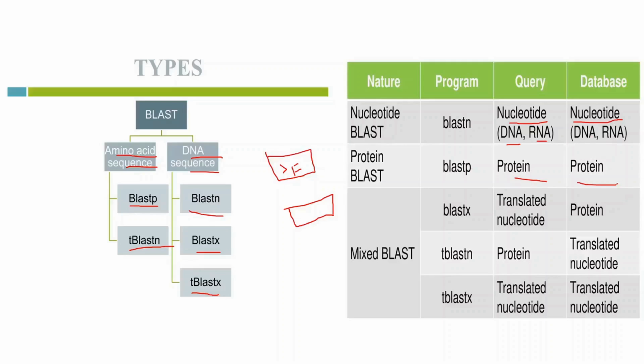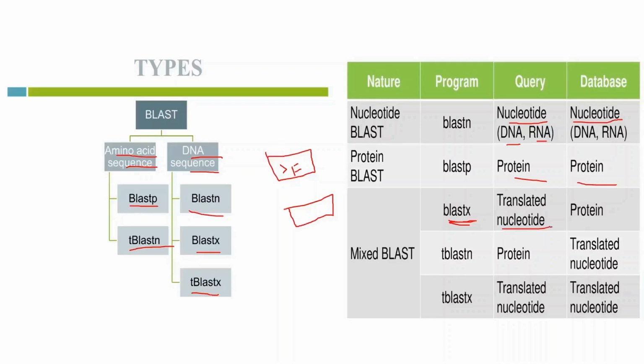Then you have the mixed BLASTs. The first one is BLASTX. To remember: with BLASTX you have a nucleotide sequence but you want to search against the protein database. The query sequence is nucleotide.